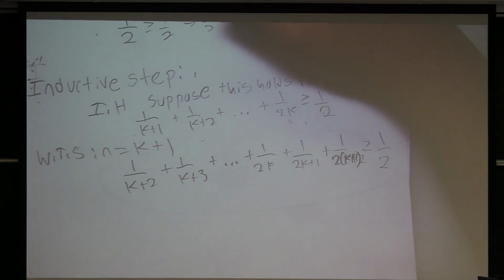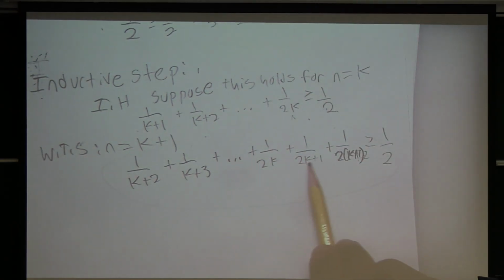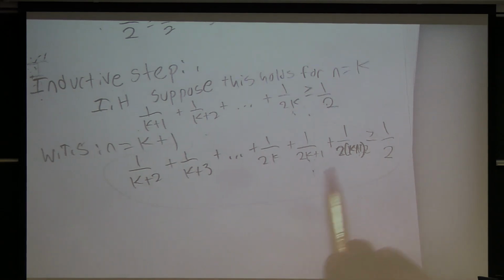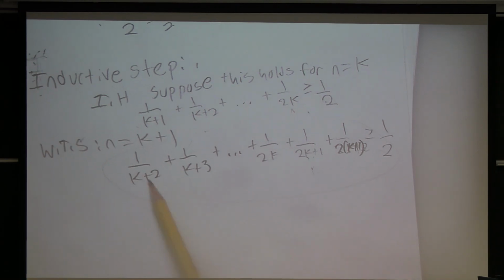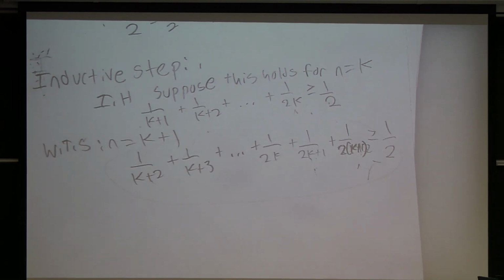So technically right before this, there will be 1 over 2n minus 1. So in that case, that will be 1 over 2k plus 1. And so on. It's all numbers in between. The denominators are all natural numbers between k plus 2 to 2k plus 1. Does that make sense? Okay.